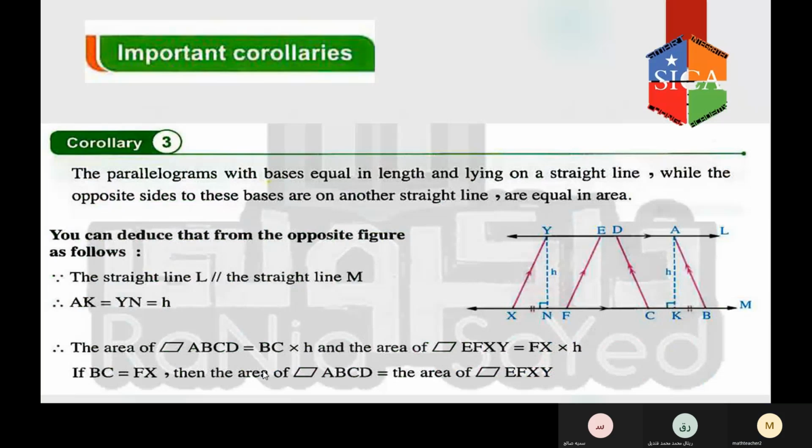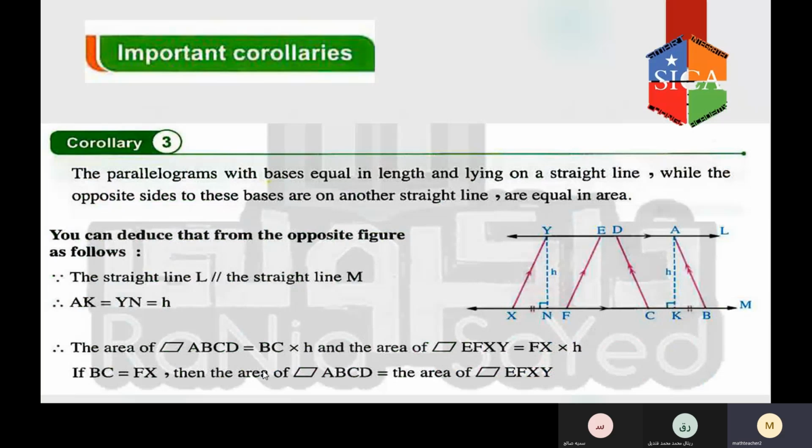Let's see this. I have two parallelograms here, but not with a common base. What are they? With bases equal in length and lying between two parallel straight lines.